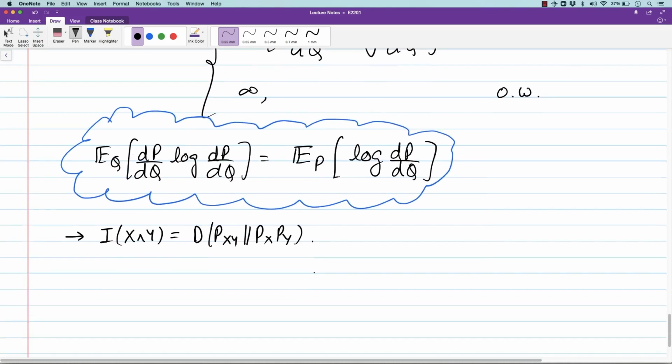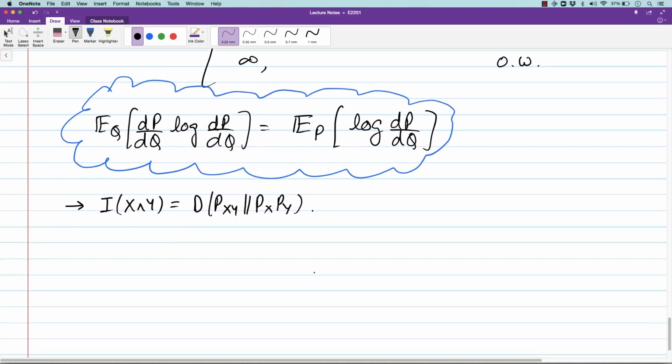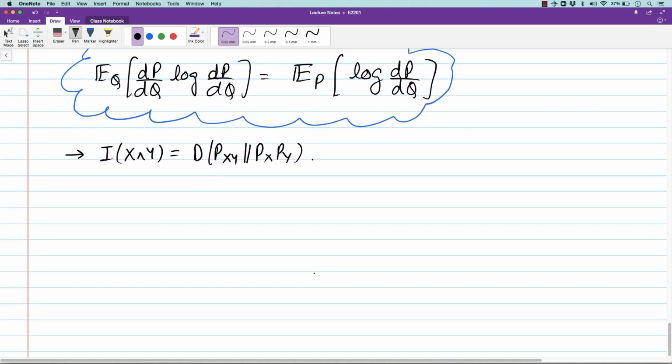Okay. All right. And in fact, more importantly, if you see our single shot proof of achievability for the channel coding theorem, that used the test for independence.